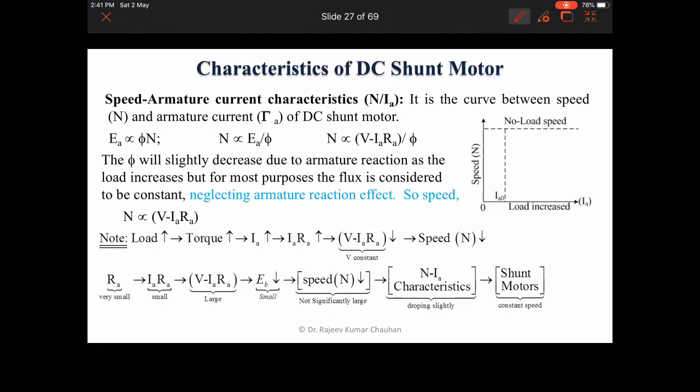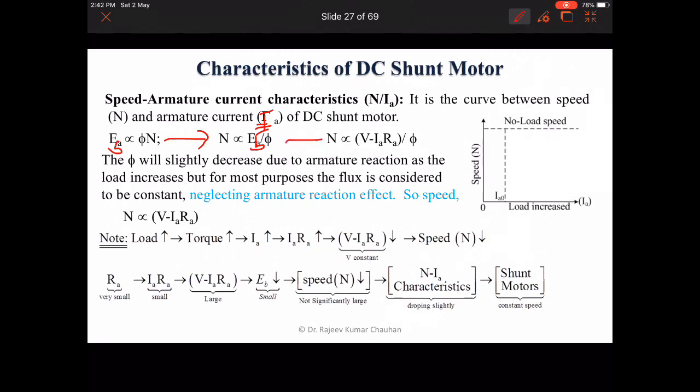Speed armature current characteristics. It is the curve between speed N and armature current IA of the DC shunt motor. We know EB is proportional to phi into N, or we can write this equation as N is proportional to EB upon phi, where we know from the voltage equation EB is equal to V minus IA RA.